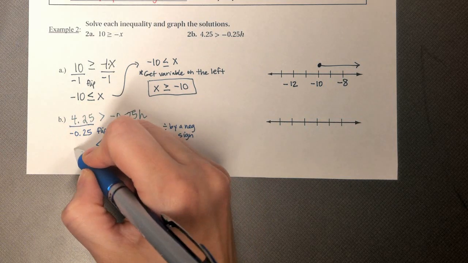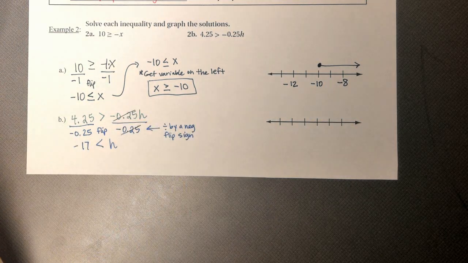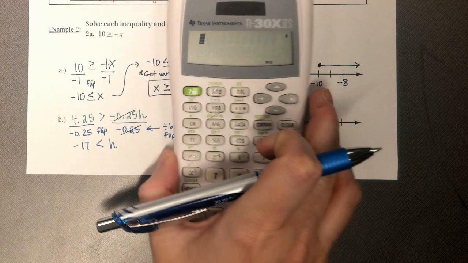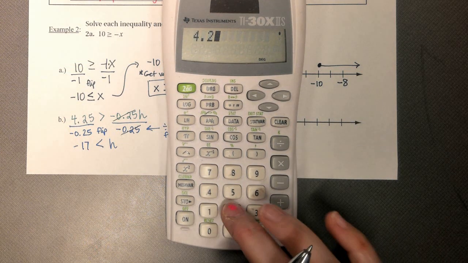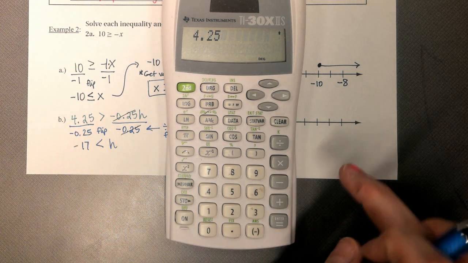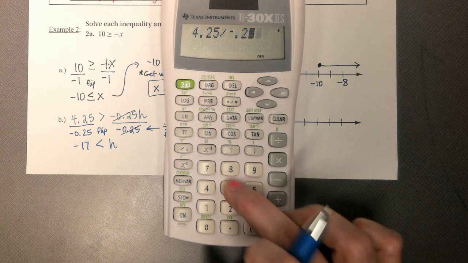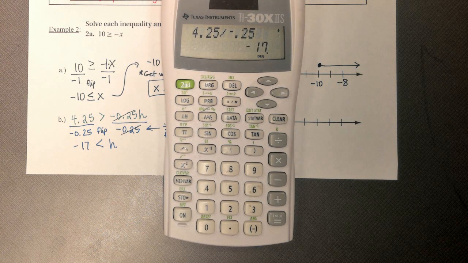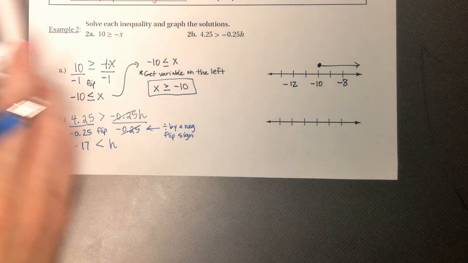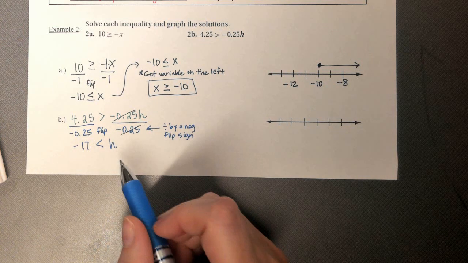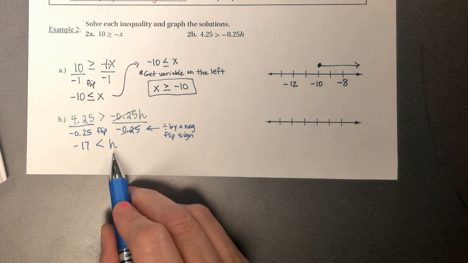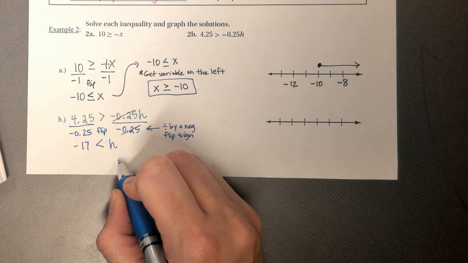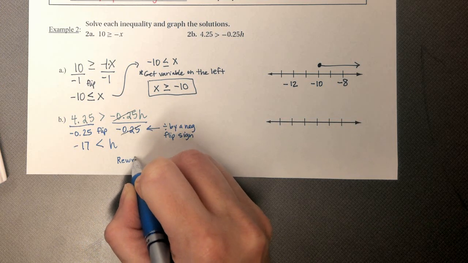And then you should have -17. Okay, and you really can just put it in exactly as it is. 4.25 divided by -0.25. Okay, and then this is your final answer.